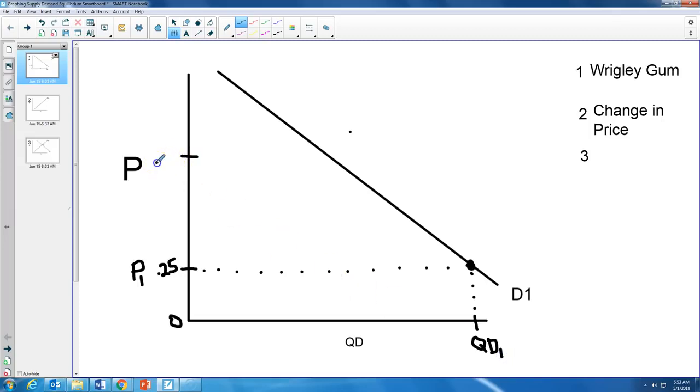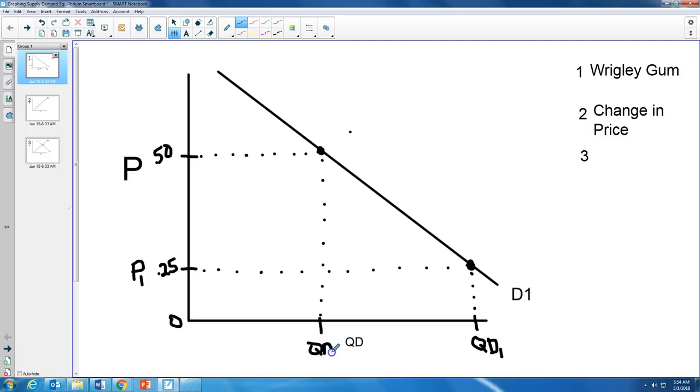It's a little bit higher, so we're going to put it higher up on the y-axis, 50 cents. And we're going to do the same thing with the dots. Okay, so now we're here. And if you go all the way down, we're going to label this quantity demanded 2. Okay, so this is the new quantity being demanded for gum.